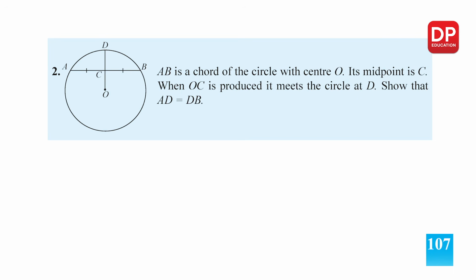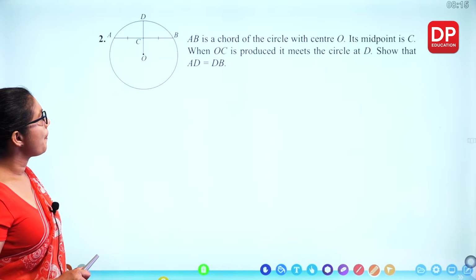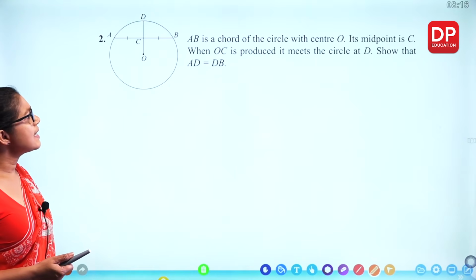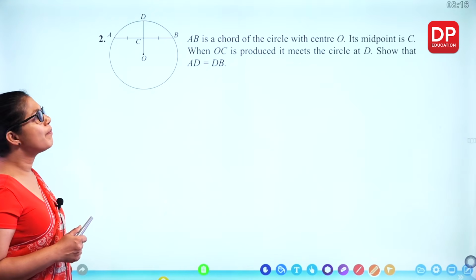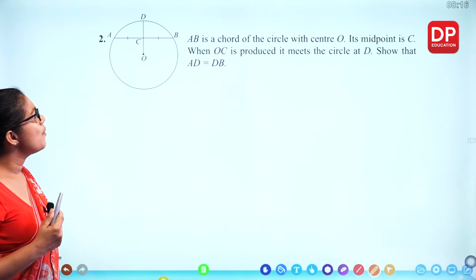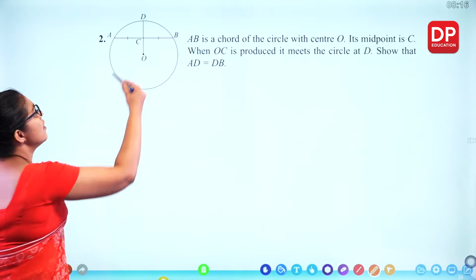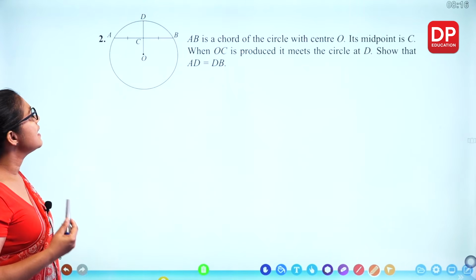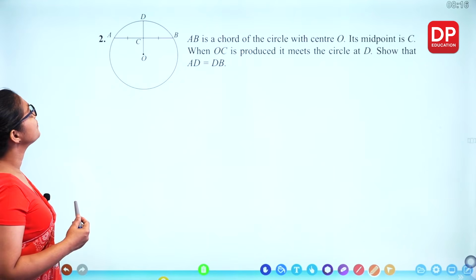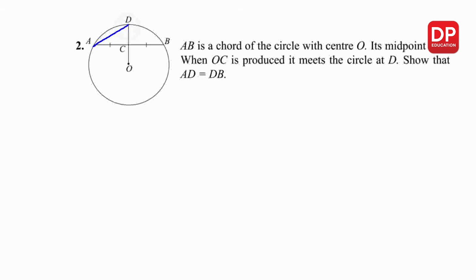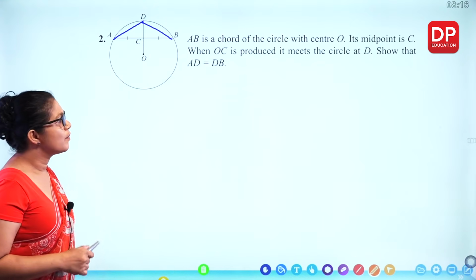Now we'll take question number 2. So it says AB is a chord and O is the center and C is the midpoint, already marked with equal lines. And when OC is produced meet the circle at D, show that AD equals DB. So that means we have to connect AD and DB. So we need to check whether these two are equal.